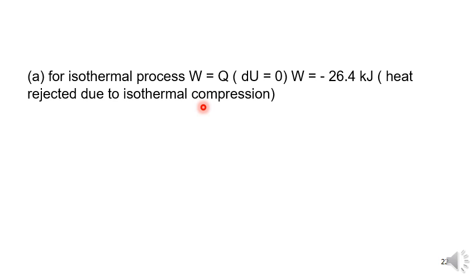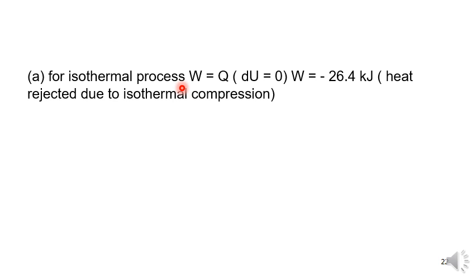So what is the formula for isothermal compression? W is equal to P1 V1 ln V1 by V2. For compression it is V1 by V2, and for expansion it is V2 by V1. But we got a negative value, which is why heat is rejected due to isothermal compression. P1 V1 is equal to m R T1.